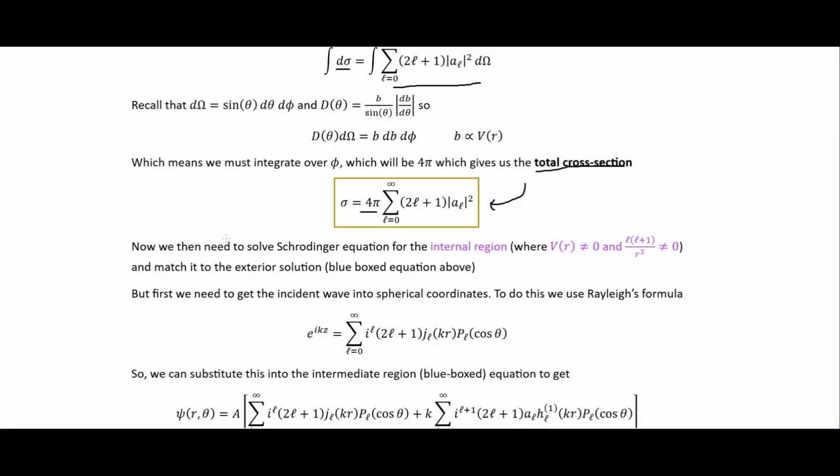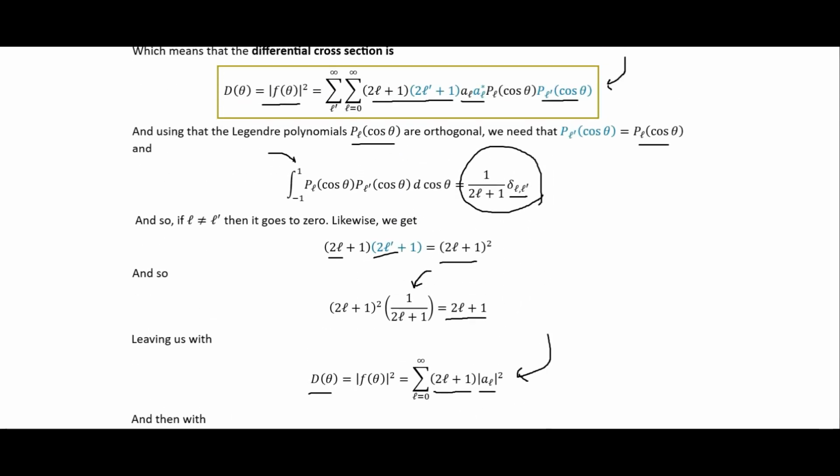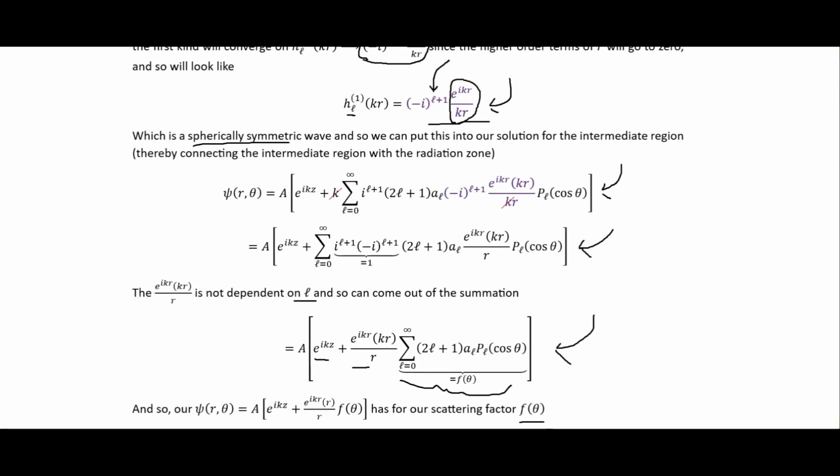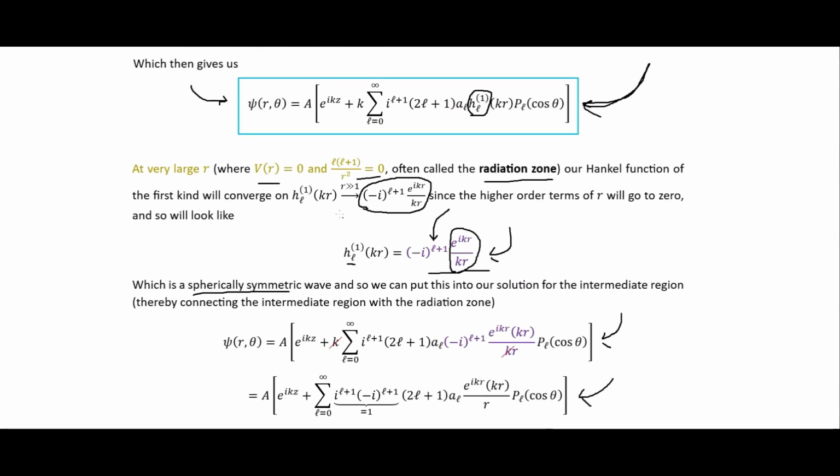So this was, again, looking at this solution for the very large r, where we just put the spherical Hankel function here into what we got here for the wave function for the intermediate region.